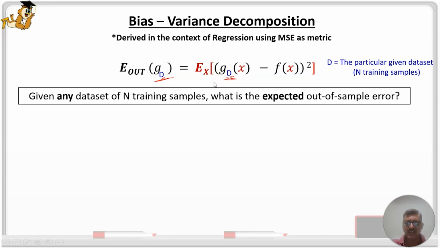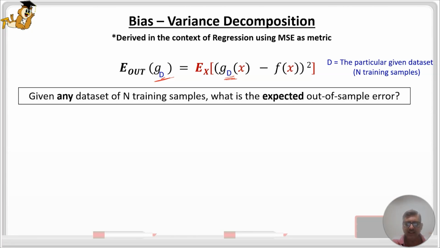We are going to ask the question, given any data set of n training samples, what is the expected out of sample error? And why would you ask the question? Because you want to take the specific training samples out of the equation, right?